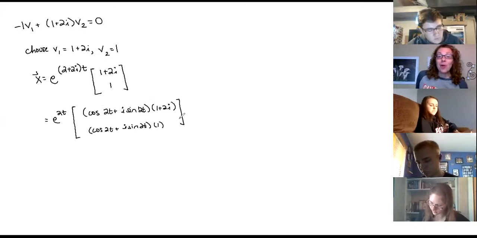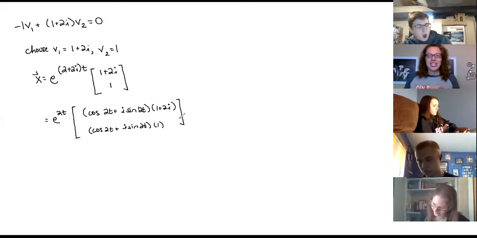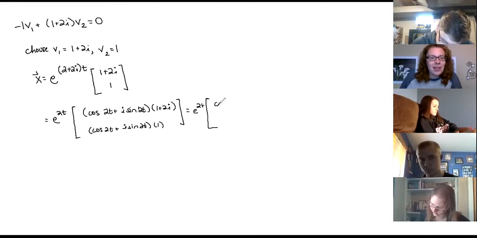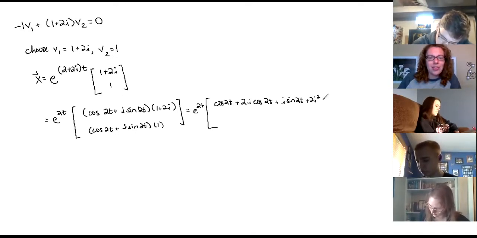Okay, we're going to need to FOIL in the top one. The bottom one's easy, it's just times 1, but the top one needs some foiling. So this is e to the 2t. Here we go. Cosine of 2t plus 2i cosine of 2t plus i sine of 2t plus 2i squared sine of 2t.